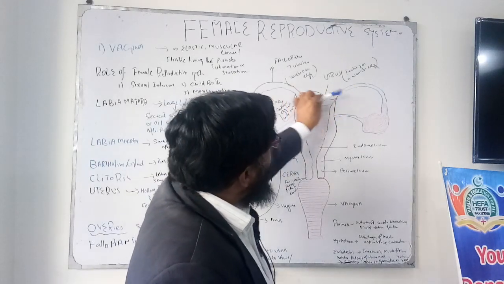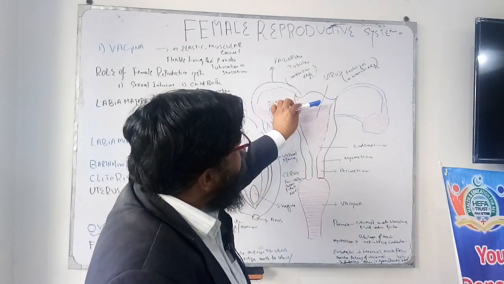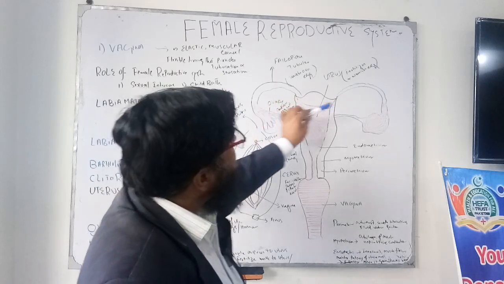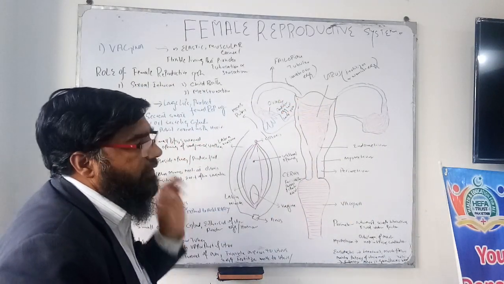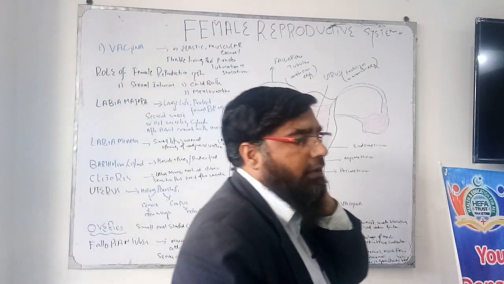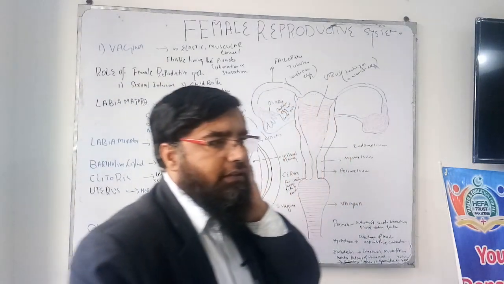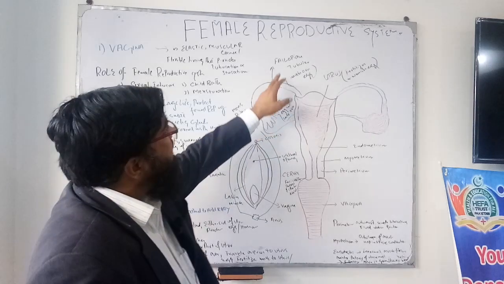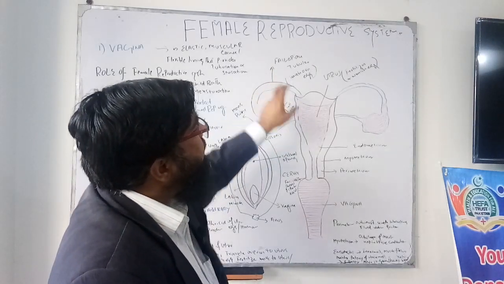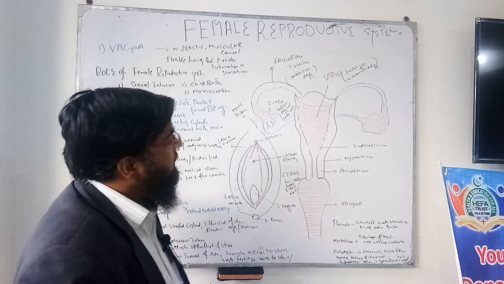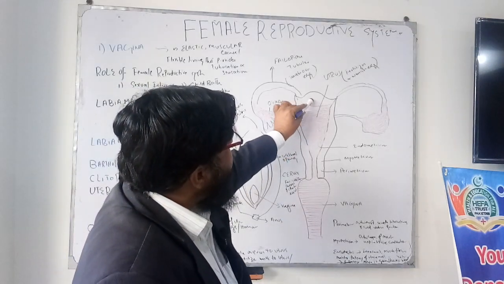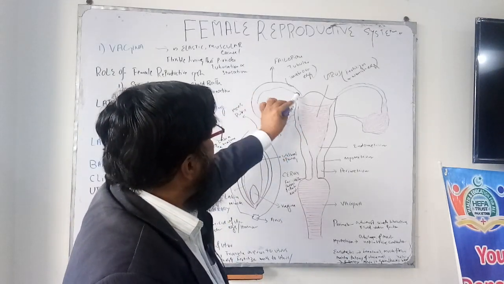On each side of the uterus, ovaries are there. What is the function of the ovary? Ovary basically produces the egg, and this is called the fallopian tubule. What do fallopian tubules do? Sperms travel through the fallopian tubule.